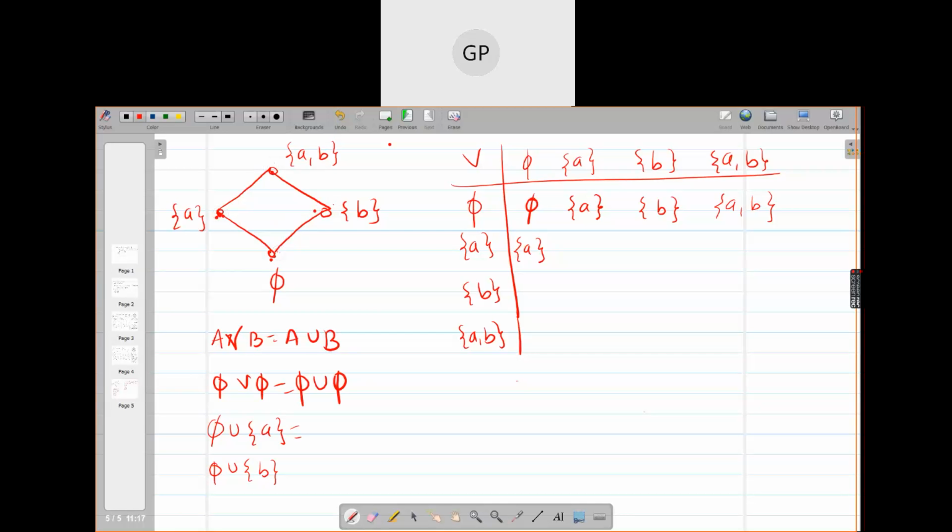But the upper bounds of A are only A and AB. We should not take phi with itself because phi is not an upper bound of A. Okay? Phi is an upper bound of itself, but phi is not an upper bound of A, so I'm not considering that. The upper bounds of phi are phi itself, A, B and AB, but I'm not considering phi. The upper bounds of A are A itself and AB. So which of these is the least upper bound? A. Okay? Because the relation we are considering is A is a subset of AB.